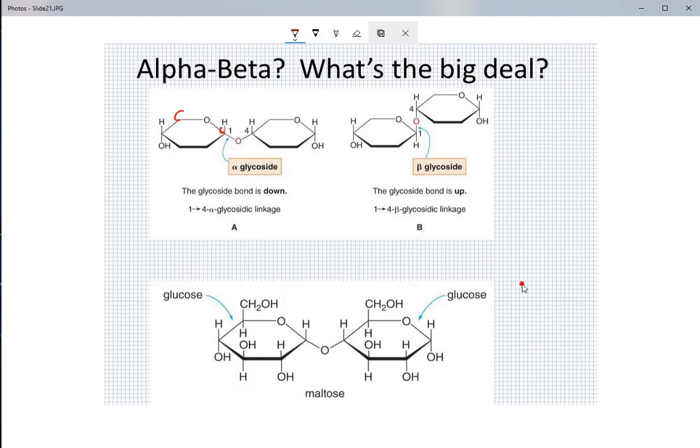This is carbon 5. This carbon 6 goes up, CH2OH. But this is the acetal carbon, and notice it's alpha, it's down. This carbon here is carbon 4 of the second glucose unit. These are two glucose units linked together.